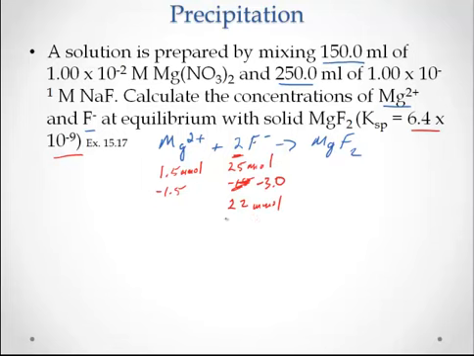Well, let's divide by the total volume, right? We're going to divide by 400 milliliters. And look what I get. When I calculate it out, I get 5.50 times 10 to the minus second molar. So that's how much fluorine is still floating around at equilibrium.